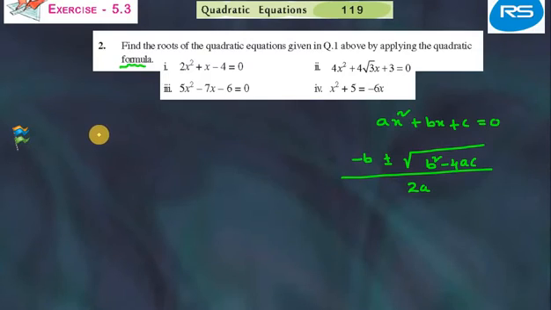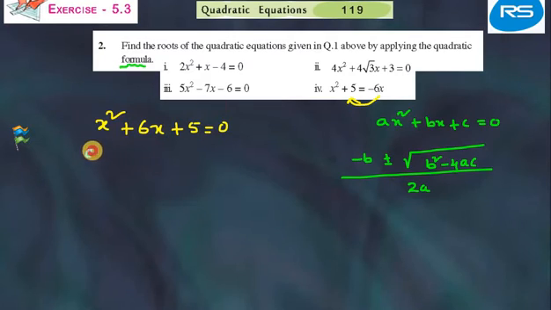So the last question of the second sum. What we have? X square, I am taking minus 6x to the inside. So this becomes plus 6x plus 5 is equal to 0.